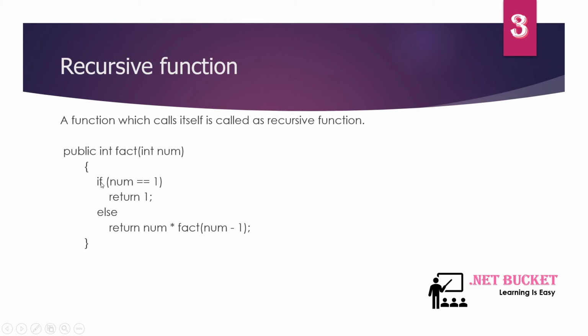What I am doing is, if number equals 1, no, false, it will come to the else part. So what it is trying to return is number, which is 3, into factorial of number minus 1, right? So let me try to dry run this for you.